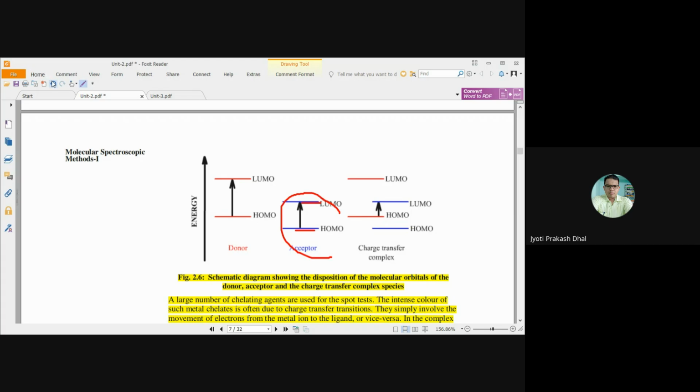Now when the donor and acceptor combine to form the complex, there is a large chance of transfer of electrons from the HOMO of the donor to the LUMO of the acceptor, which is a very low energy transition. So that will fall within the visible range.